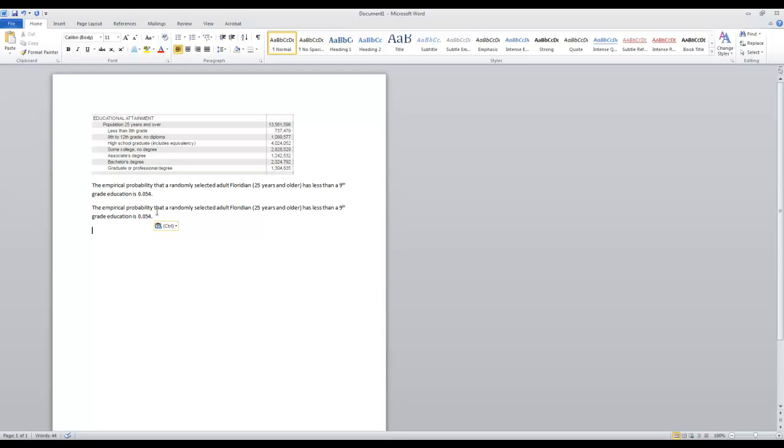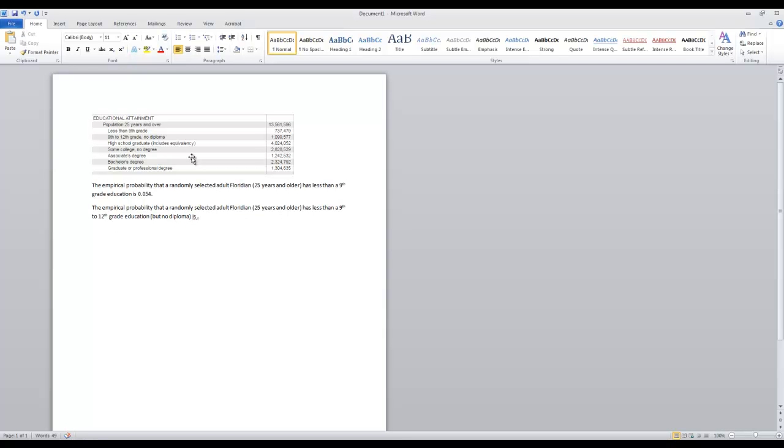The empirical probability that a randomly selected Floridian has a 9th to 12th grade education, but no diploma, is, well, let's see.